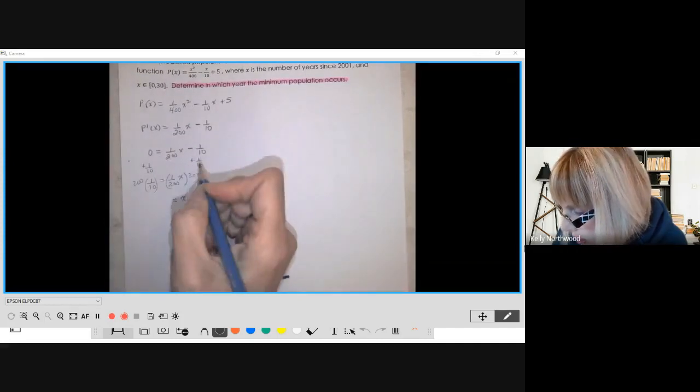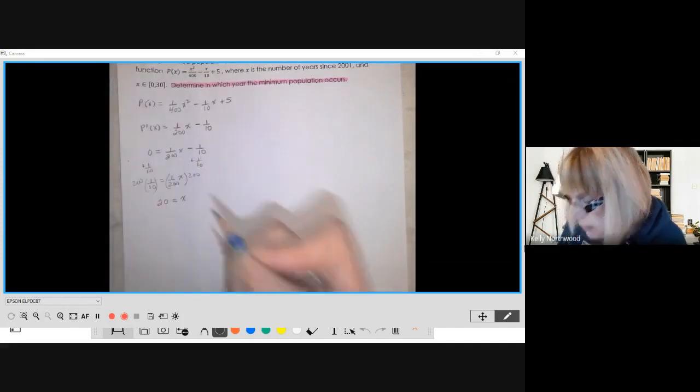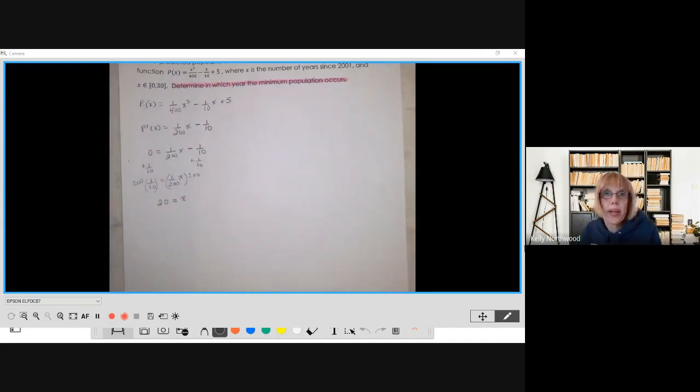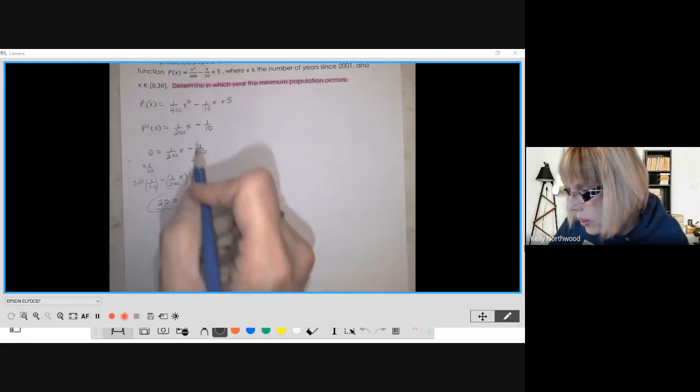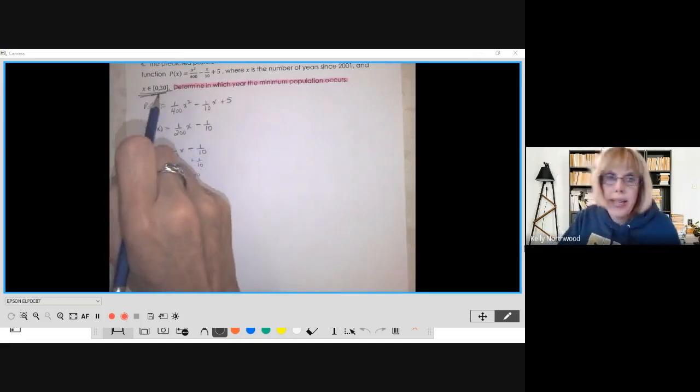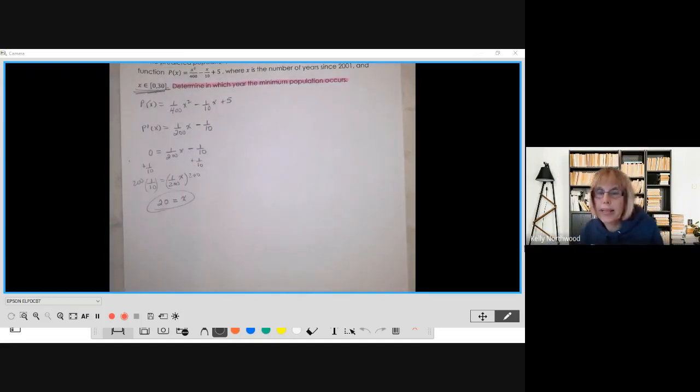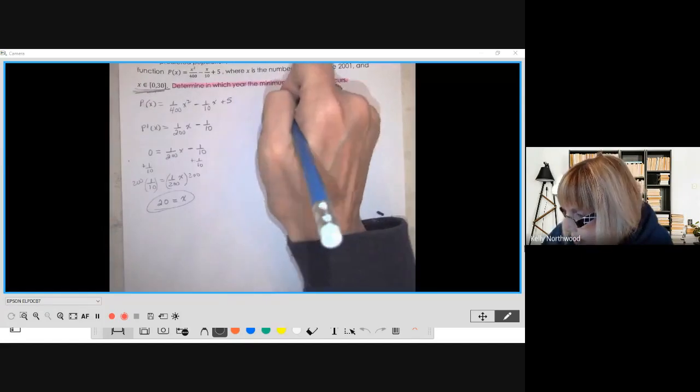So 200 times 1/10 is 20. So X is 20 is our critical value. And then we're going to check and see, is 20 in the interval 0 to 30? Yes, it is. So we can test it.